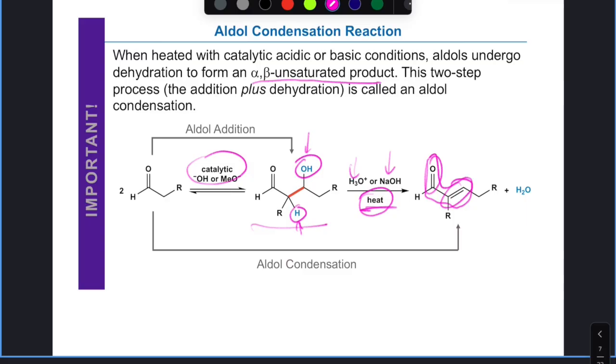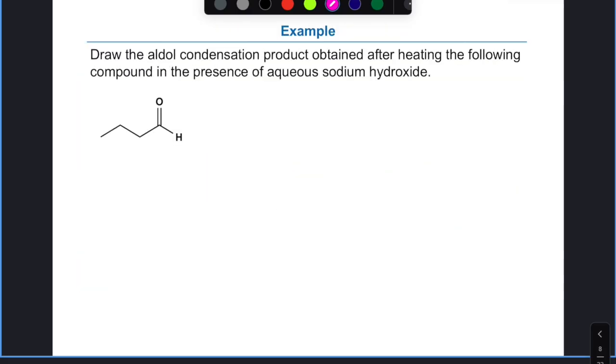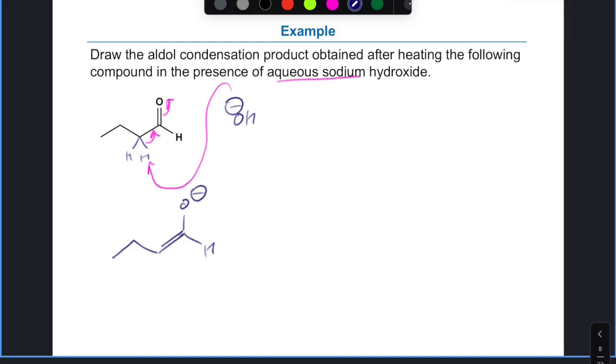So how do we carry this out? If we do the condensation product after heating this material with aqueous sodium hydroxide like this, is where we would split this up and say, I've got my starting material. I'm going to have catalytic base. That's going to form one equivalent of my donor, the nucleophile, and I'm going to have one equivalent of my acceptor, so another molecule floating around.